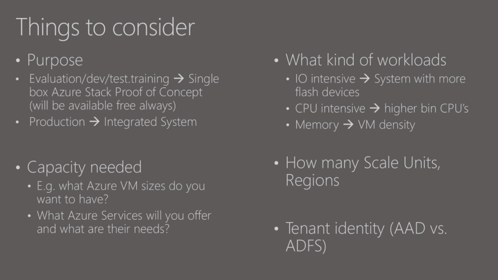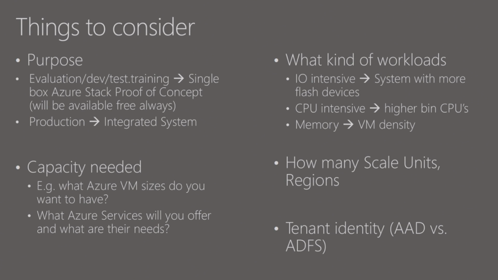And then you have to decide how many regions you want and how many scale units you want in each of your data centers. But like I said, you can start as small as 1 region with 1 scale unit only, of 4 servers with 3 switches. That's your smallest instance. And then you need to decide what kind of identity subsystem you want to use in the context of your tenants, right? There are benefits of using one versus the other.